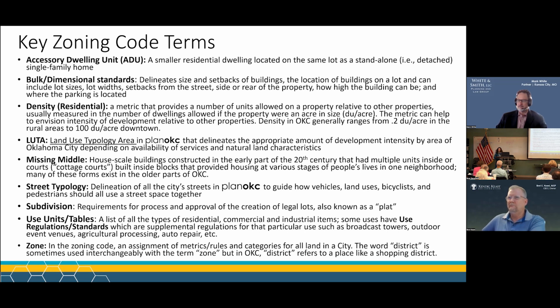Then we have missing middle. I'm sure you're hearing this a lot more too. It's also a new planning term that keeps coming up. And it's really the way housing was built in the 1920s, just organically, you would have a house and then you would have the back house, probably for the horse carriage. And then there would be another house in between mid-block.